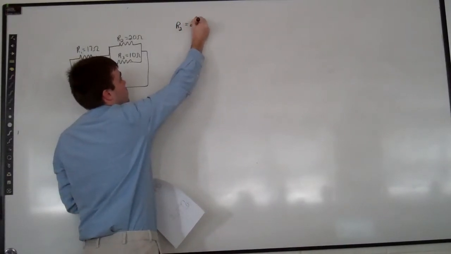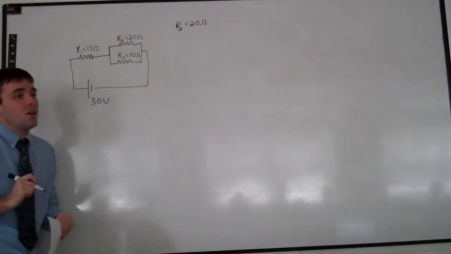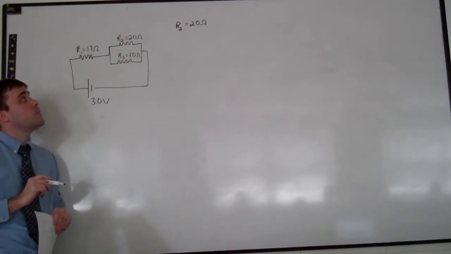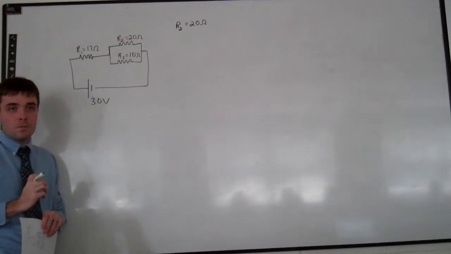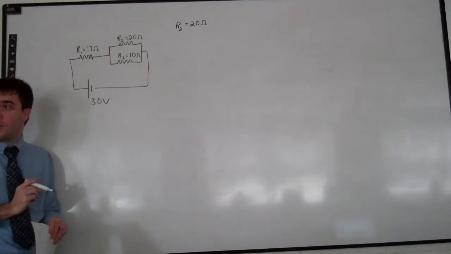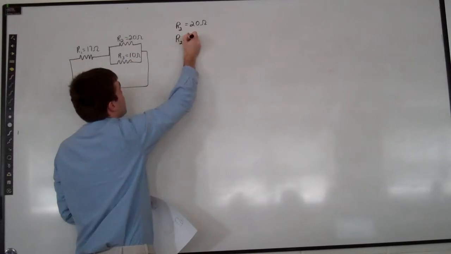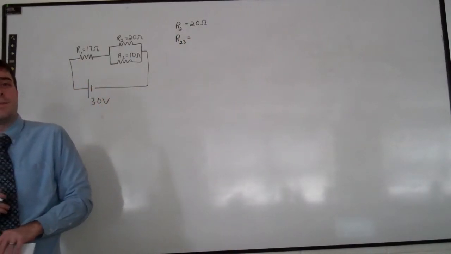R2 equals 20 ohms. Now, what's the next step to solve the total resistance? Find the resistance of the parallel circuit. Find those two in parallel, so R23. R23 is going to be 1 over 20 plus 1 over 10.